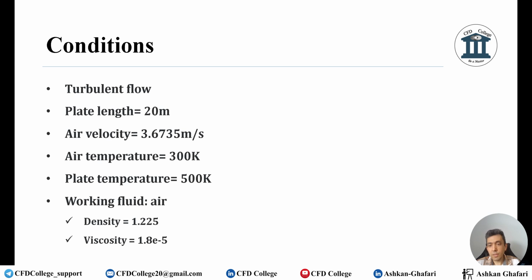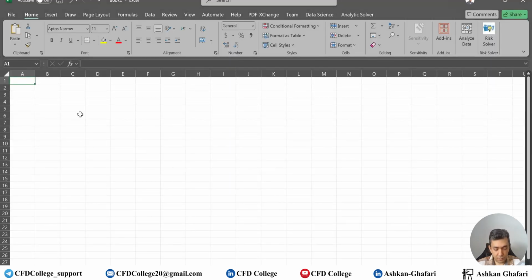So let's go to the Excel file first. We have density or rho. Let's call it density this time. Viscosity, the length of the plate, the velocity of the air, and the Reynolds number. So density, viscosity, length, and velocity.